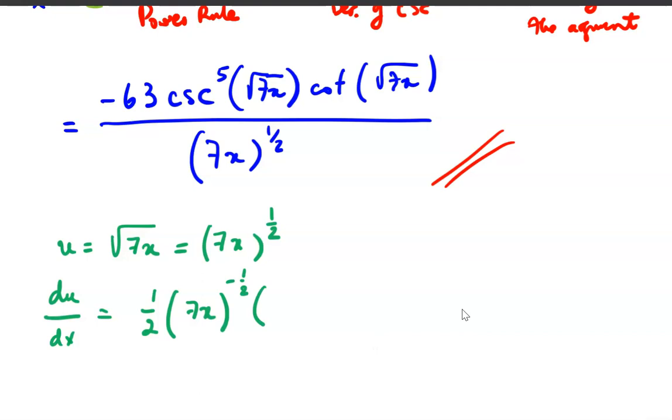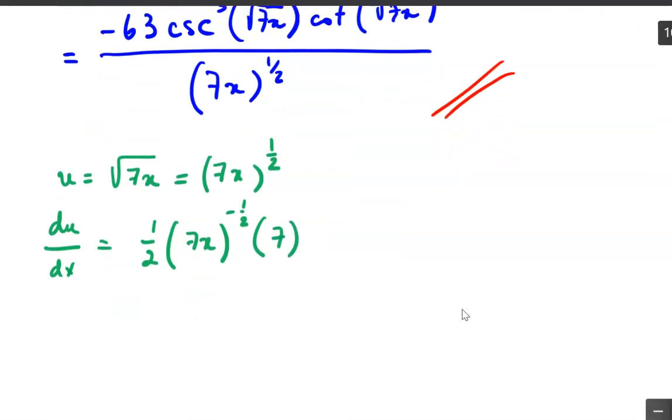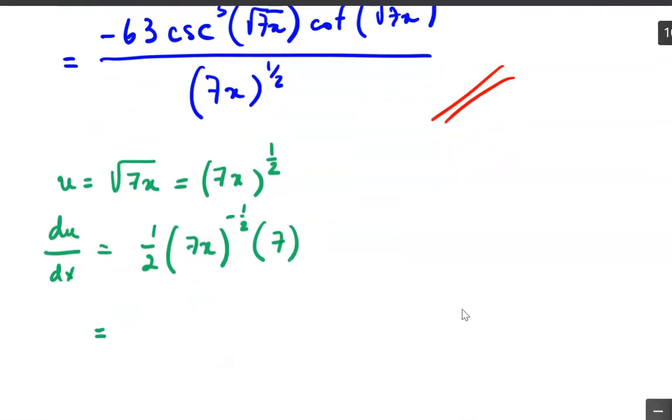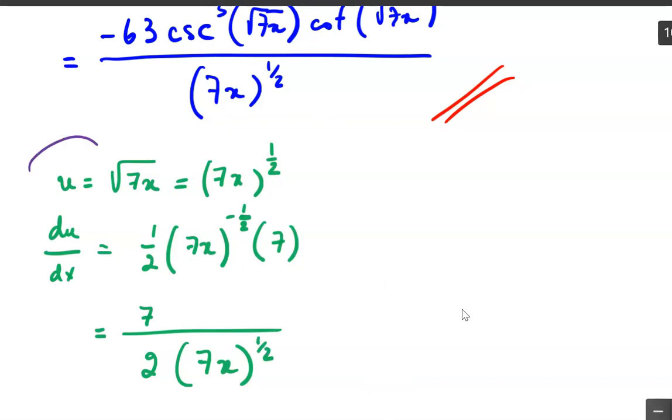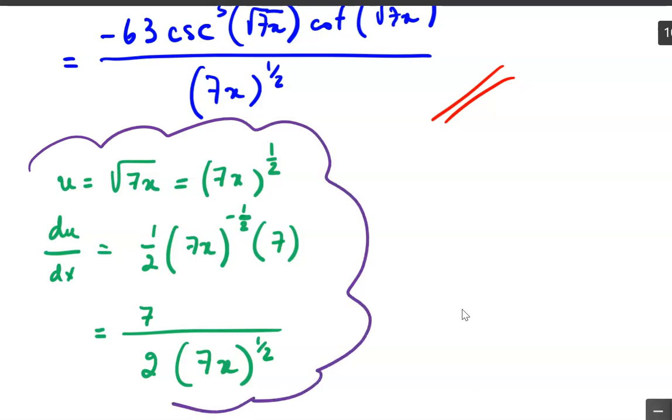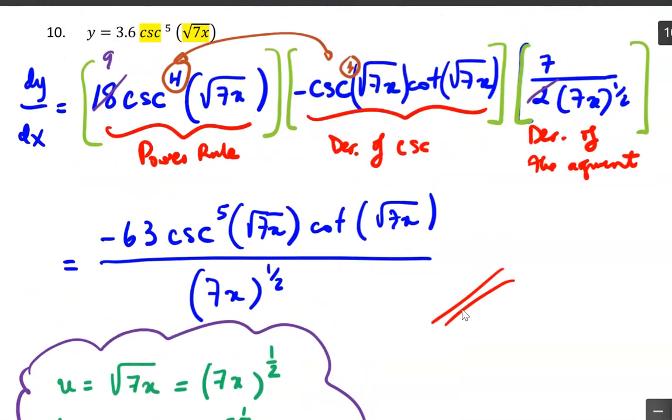Derivative of 7x will be equal to 7. And in writing this as a simplified term with positive exponent, I should write it as 7 over 2 and 7x. I bring it down to the denominator here, and I change the exponent to positive a half. So that's how I get 7 over 2 times 7x, all of it to exponent a half for u up here.